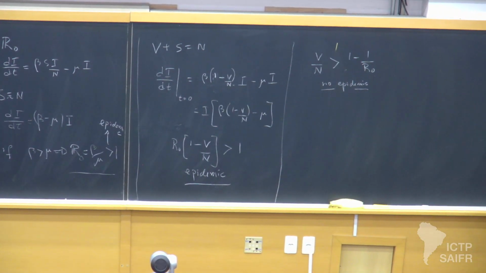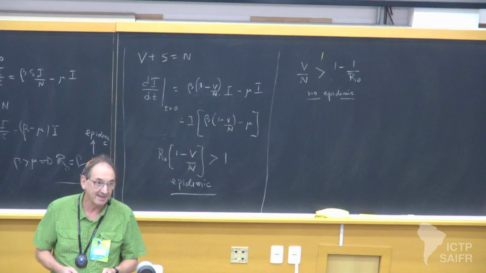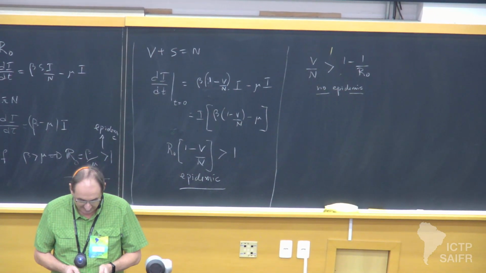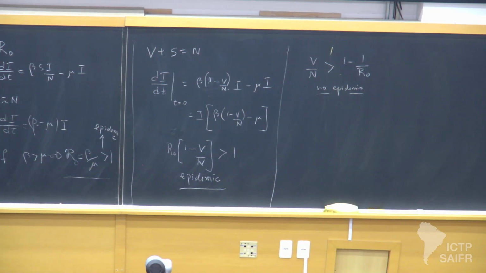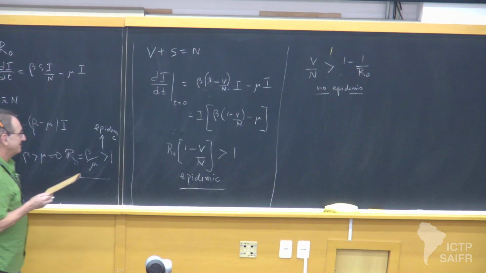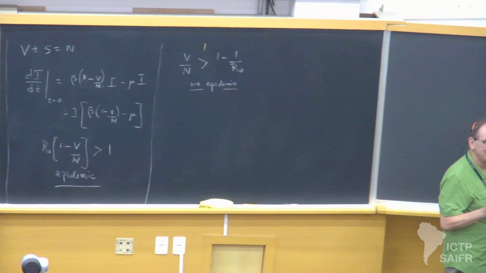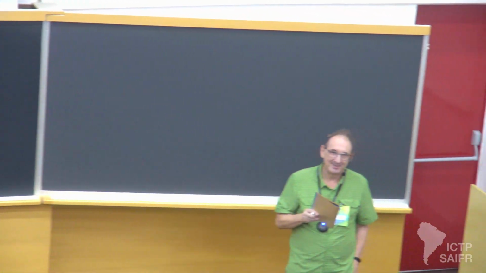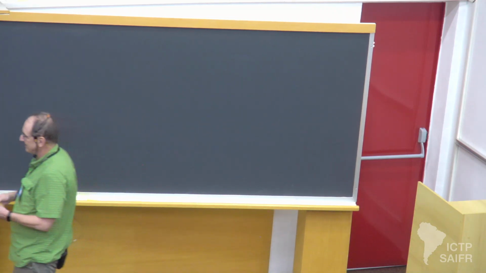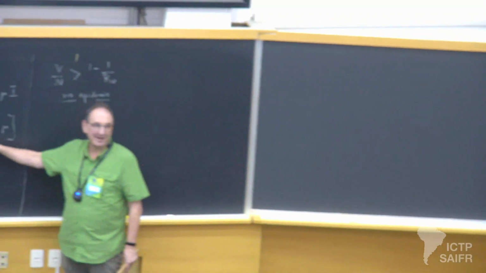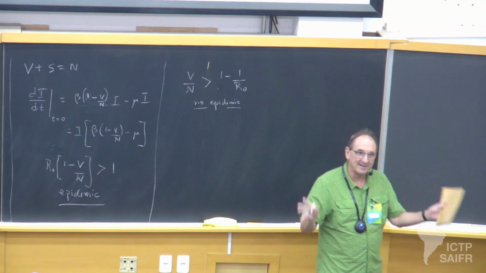Just to have an idea, smallpox, which has been eradicated, had an R0 typically of 6, which means that the vaccine coverage would be 83%. However, there's still a point here. No vaccine is 100% efficient. So you should also take into account the efficiency of the vaccine, which could give you some factor in front of the V, okay? So I'm not taking this into account, but in practice you have to do this.